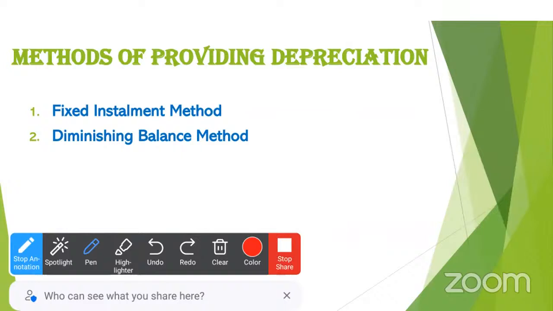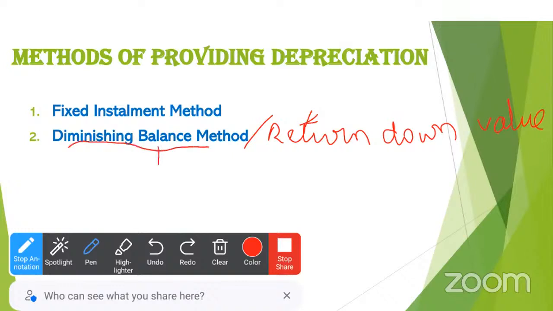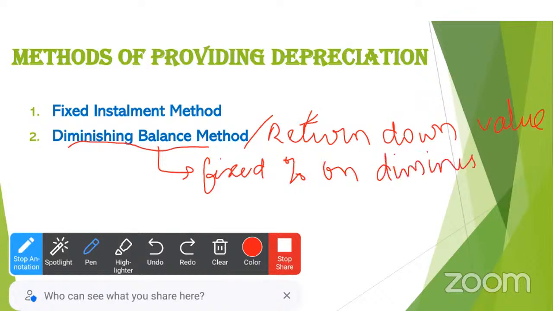It is also called written down value method. Under this method, depreciation is calculated at a fixed percentage on the diminishing value of the asset. Every year, we have to calculate the depreciation on written down value only.